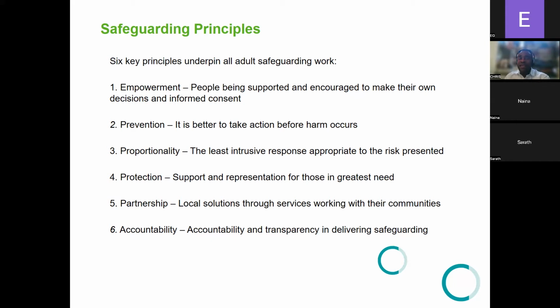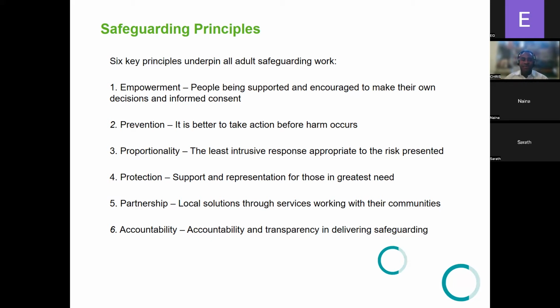So anything that will make intrusion less, that's the least intrusive response appropriate to the risk presented, we have to take it. All these things are meant to make sure the service user is safe, is free, is healthy, and their well-being is protected.